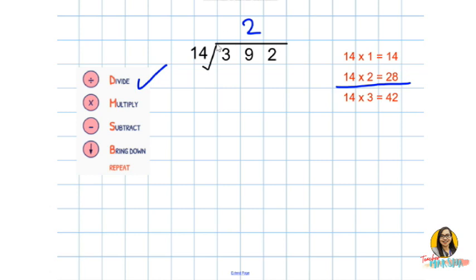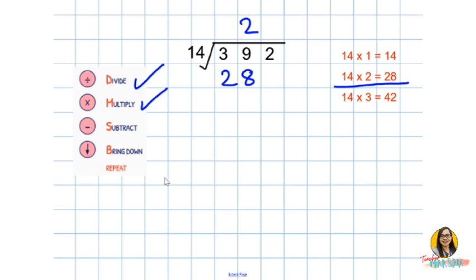Now that we're done multiplying, our next step is S, or subtract. So we're going to subtract 28 from 39. So 9 minus 8 is equal to 1, and 3 minus 2 is equal to 1.